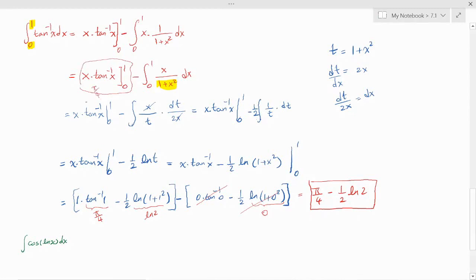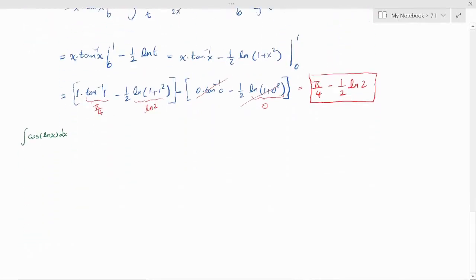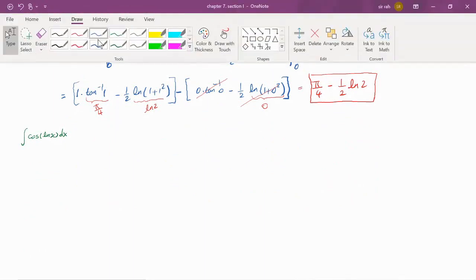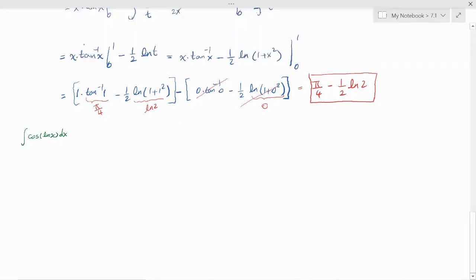Then every time you go to the next step, you would write pi over 4 minus that integral, and you wouldn't need to evaluate. But most of the time, I will keep it till the end, just to make sure that all the steps are written. Okay, let's look at the next example.